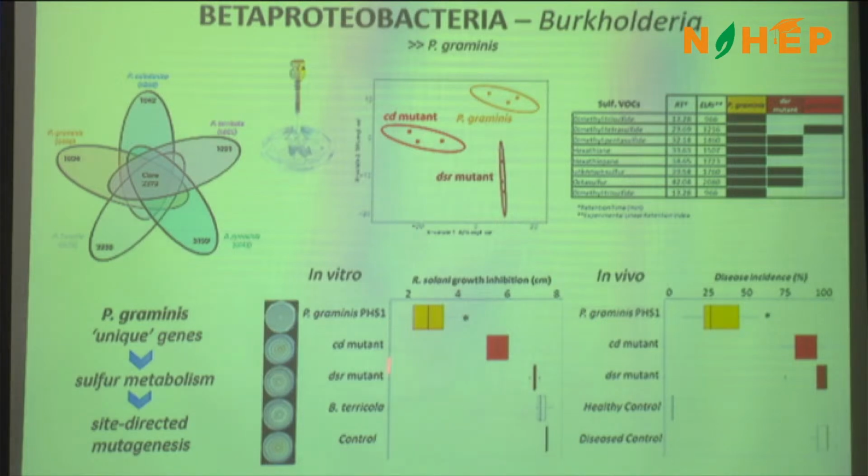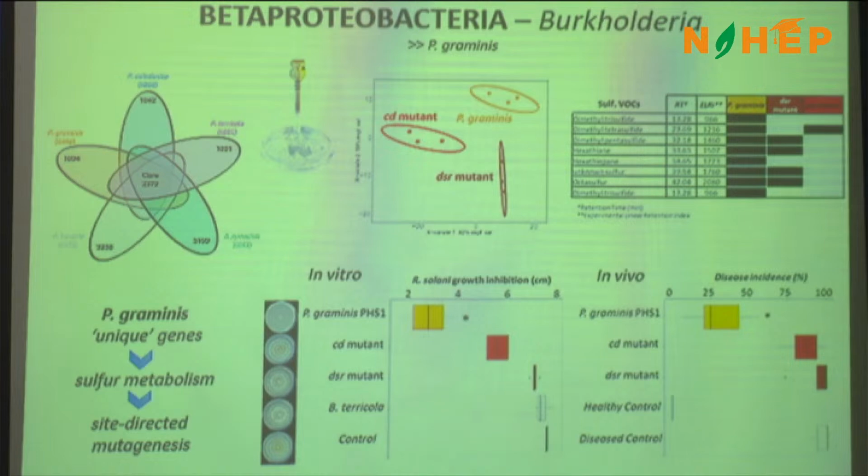You can see here the different treatments, the different bacteria, on the y-axis, and on the x-axis the radial growth. The 2 mutants that we generated were no longer able to inhibit the growth of the fungus. But what happened when we moved to in vivo?